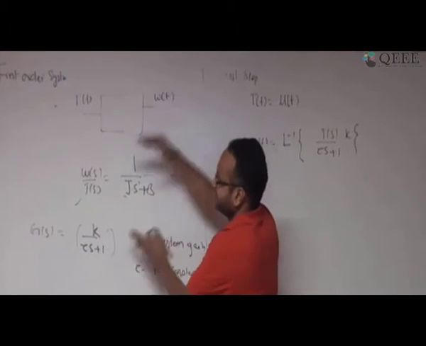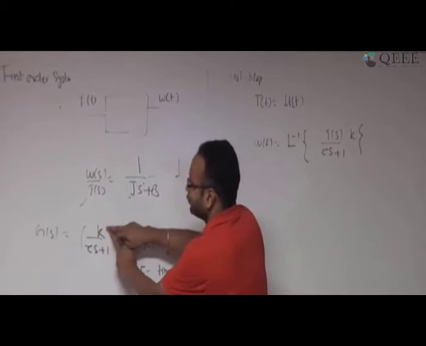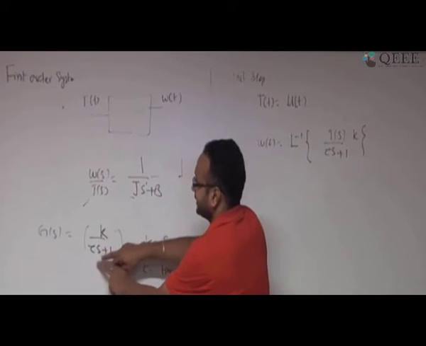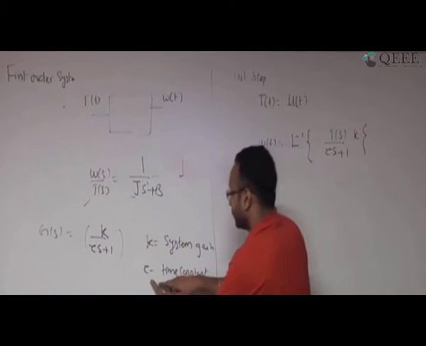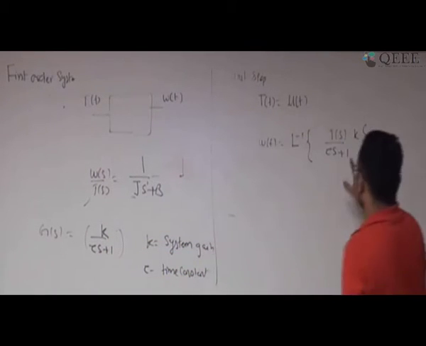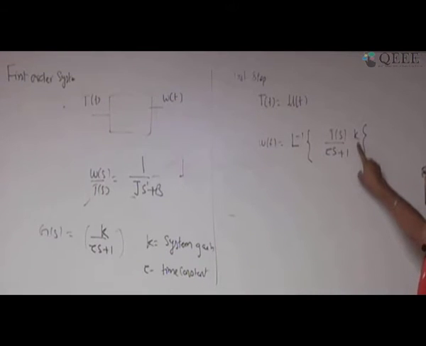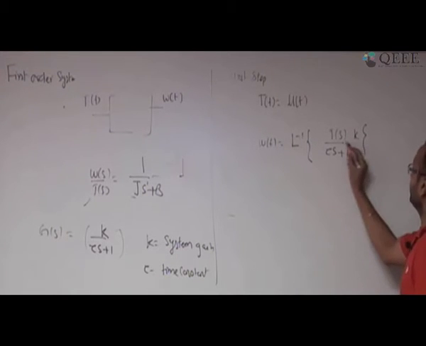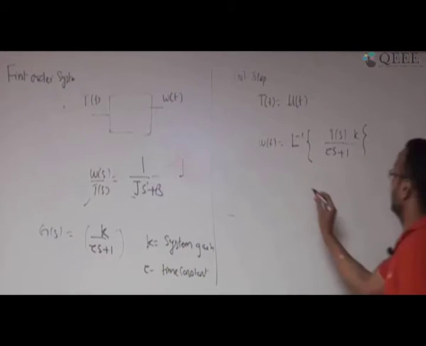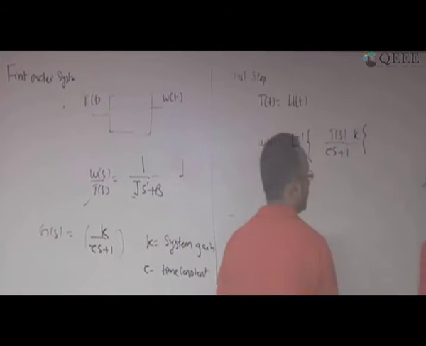This is a first order system with two parameters, k and tau. K is known as the system gain and tau as the time constant, and the input is the torque T(s).